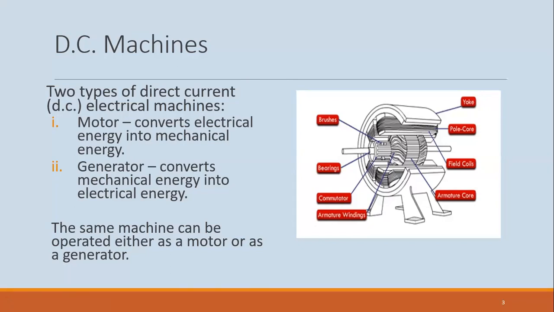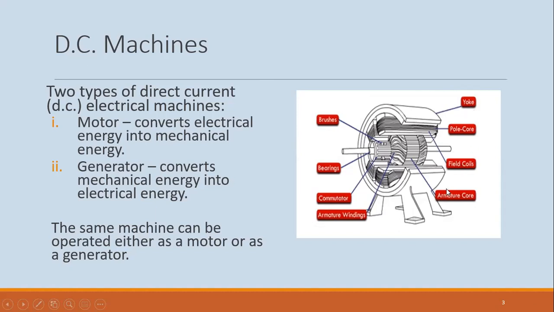Now, the same machine can be used either as a motor or as a generator. And to the right, you will see a drawing of what the machine looks like, with the different components.